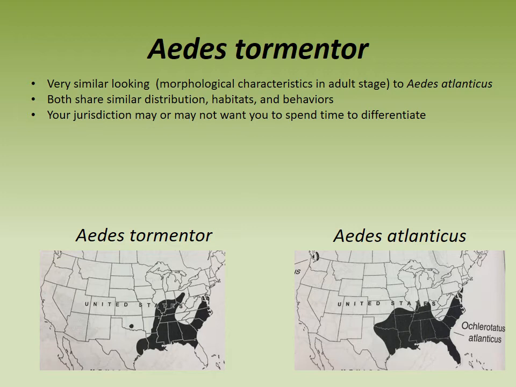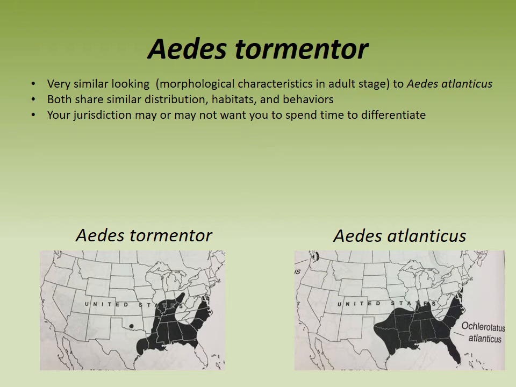And over the past decade and a half or so, new characteristics have come out to differentiate these two, and I'll go over these in just a second. But in this class, we're going to teach you the differences, but when you go back to your jurisdictions, maybe you will be asked to split these two, or maybe you won't.